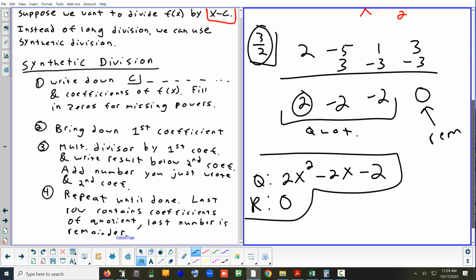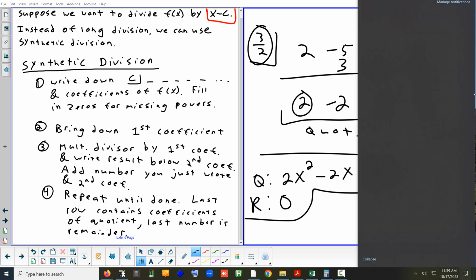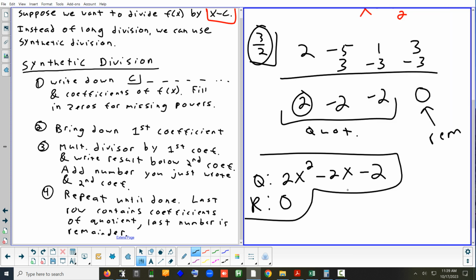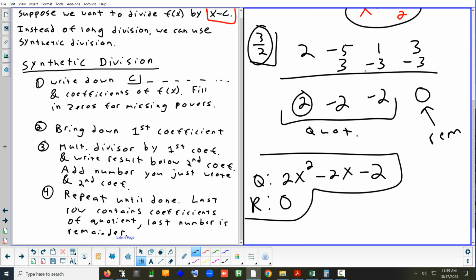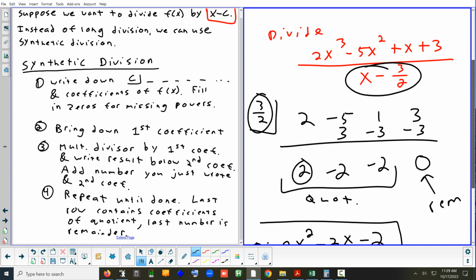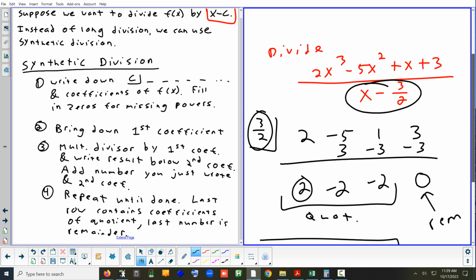Now, a couple things happened here. Since I got a remainder of 0, what does that mean about this? That's a factor. If you were trying to factor this numerator, that is one of the factors you would want to use.